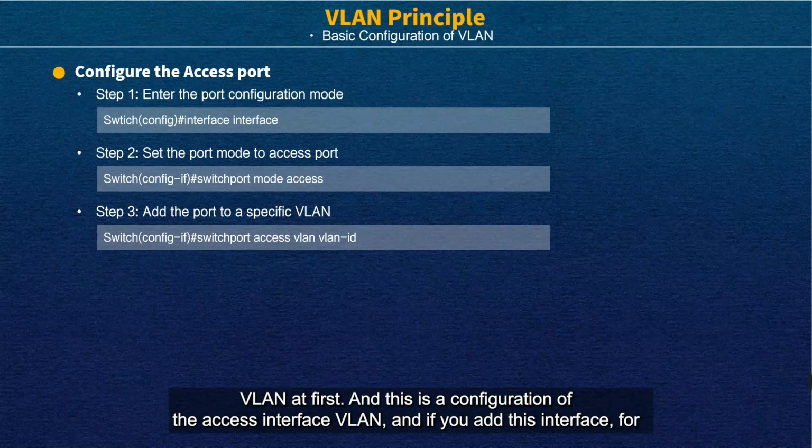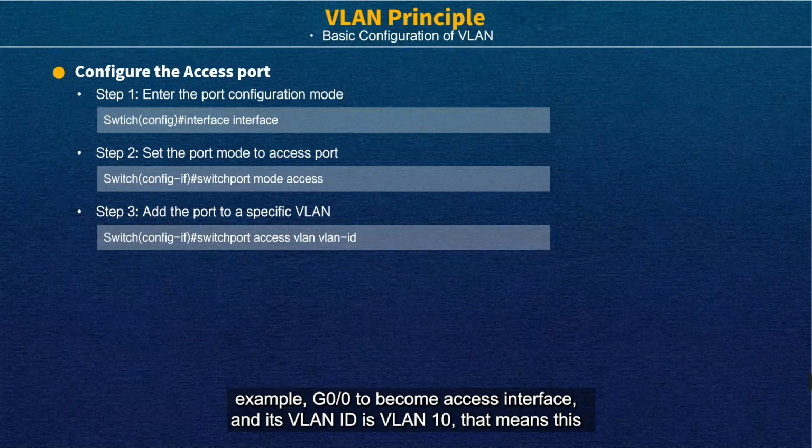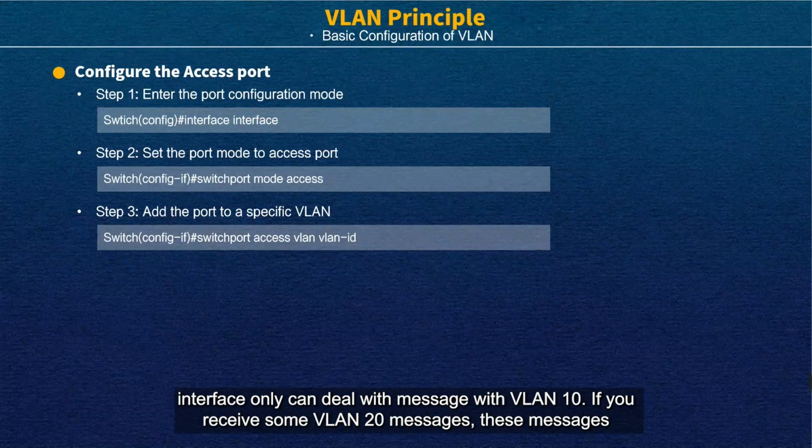And this is the configuration of the access VLAN. If you make this interface, for example gigabit 0/0, an access interface, and the VLAN ID is VLAN 10, that means this interface can only deal with VLAN 10.